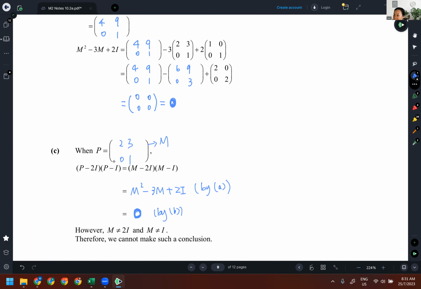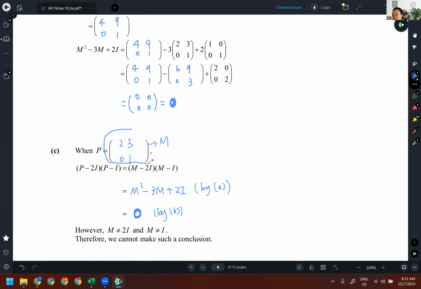Therefore, we have an example of two matrices whose multiplication is 0, but these two are not 0. M is not equal to 2I, and M is not equal to I. You see what M is? This one.